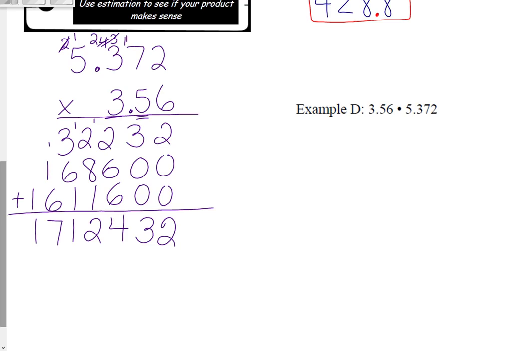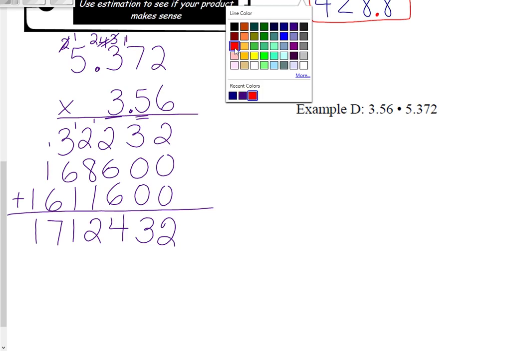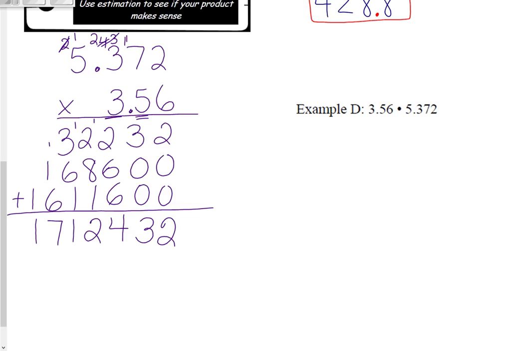Now we need to go back to our original numbers and see how many total place values. We have 1, 2, 3, 4, 5 total place values. Oops, sorry, that is 5 total, but this is 2 here. So that means I have a total of 5 place values. I need to move the decimal point.